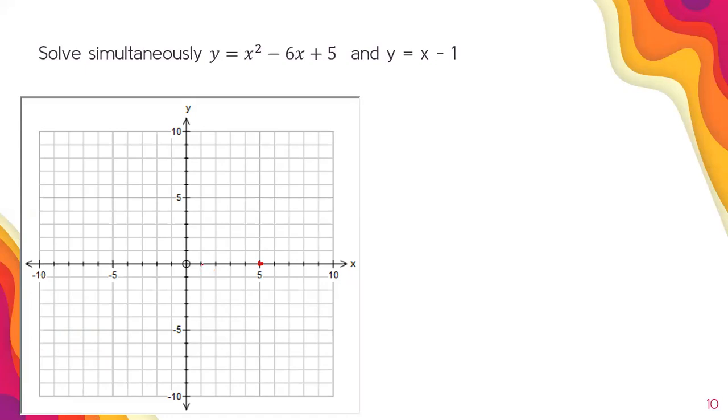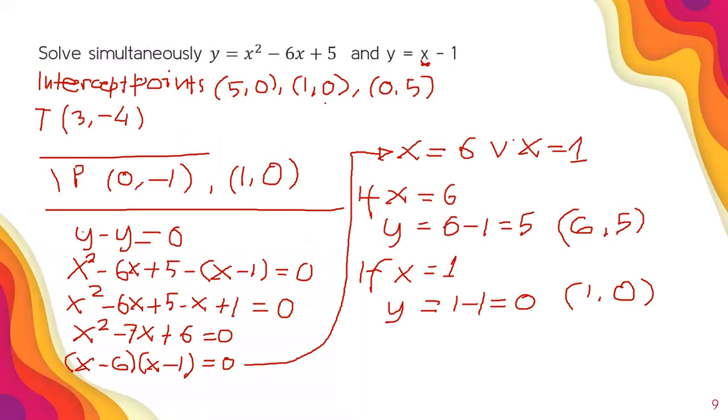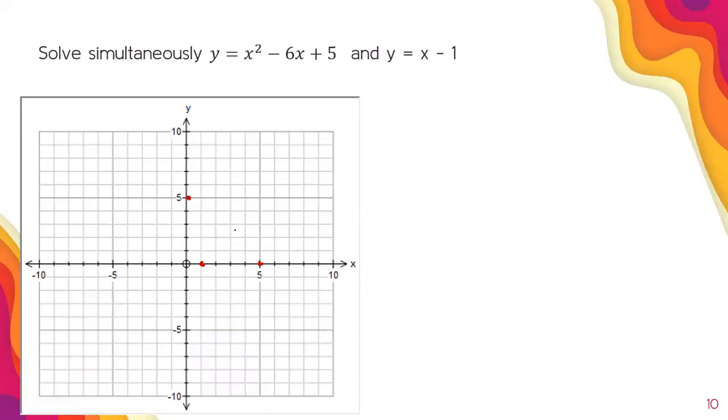Afterwards (1, 0) here. And (0, 5) here. And yeah, (5, 0), (1, 0), (0, 5), (3, -4). 3 is here, comma negative 4 here. Yeah, the turning point here.